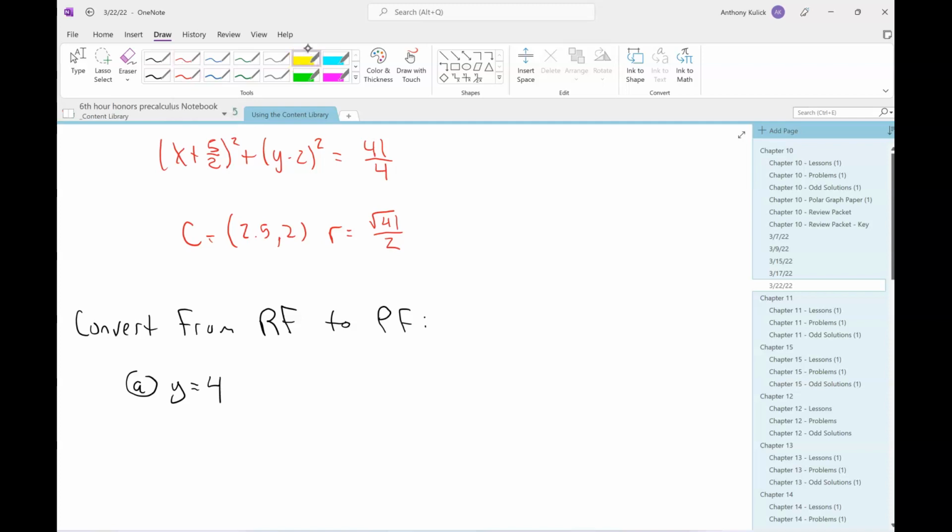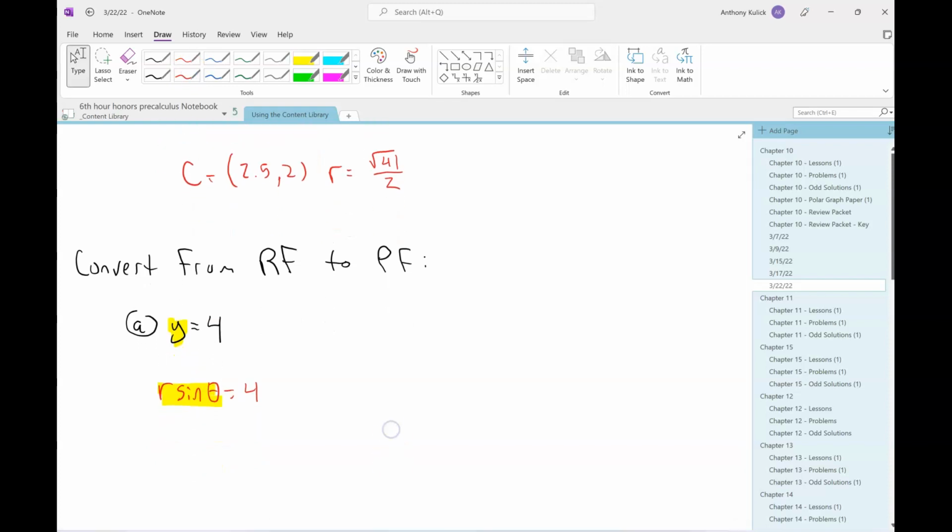Well, I need to get an r and a theta in here, correct? What do I know y is equal to? It's r sine theta. And typically with a polar function, you leave the r by itself as the independent variable.